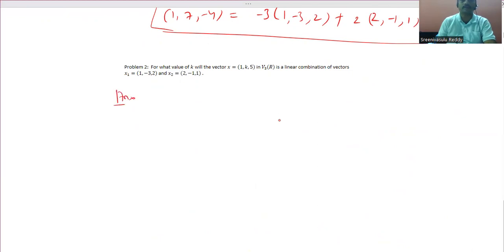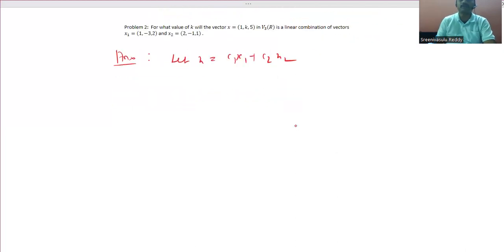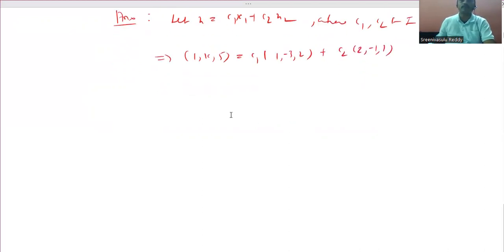Answer: let vector x equal to c1 times x1 vector plus c2 times x2 vector, where c1, c2 belong to some field element. Now we want to find k value. (1, k, 5) equals c1 times (1, minus 3, 2) plus c2 times (2, minus 1, 1). As usual, routine procedure.